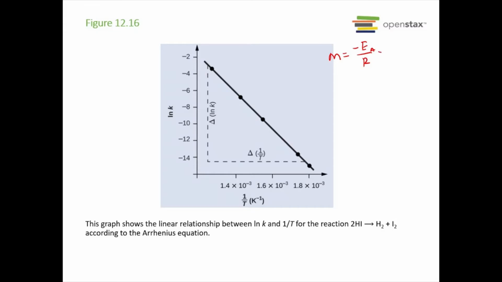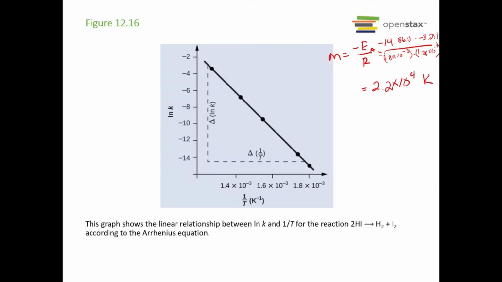So our slope is equal to the change in y, negative 14.860 minus negative 3.231, divided by 1.80 times 10 to the negative third minus 1.28 times 10 to the negative third. So that gets you 2.2 times 10 to the fourth.